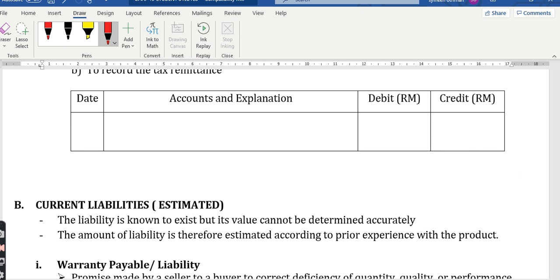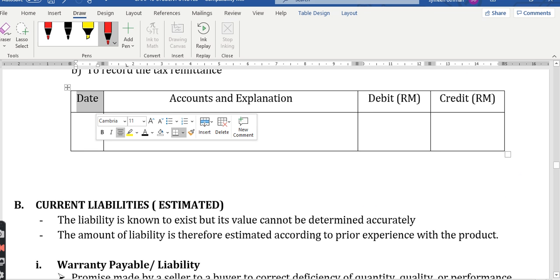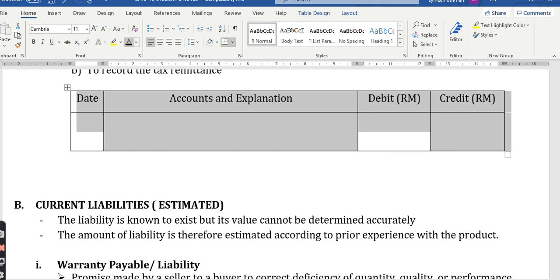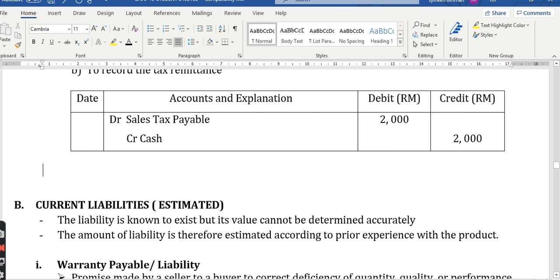At the end of the month, we are making payments. We are sending the payments to the government in order to pay the sales tax. So we will debit sales tax payable and we will credit cash.